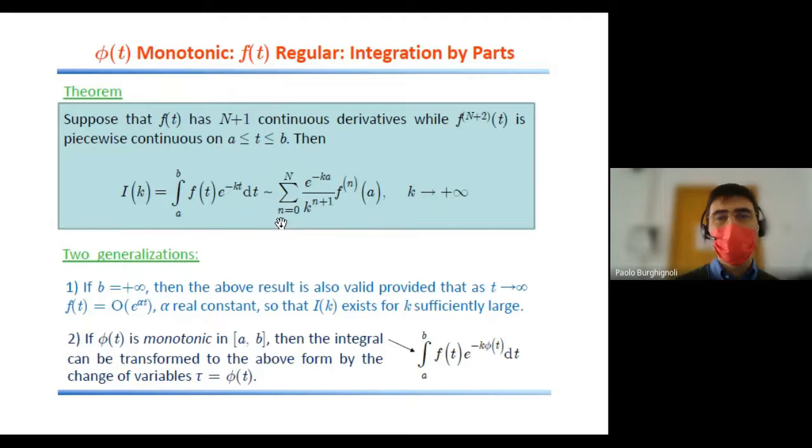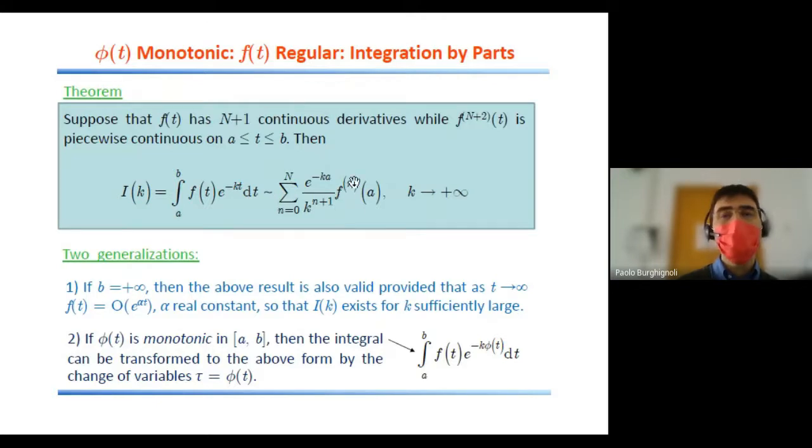where small n goes from 0 to capital N, and all those terms come from the finite terms in the integration by parts, and in particular, the term of order 0 contains the value of the function f at the left-hand point, a. The next term contains the value of the first derivative at the same endpoint, and so on.